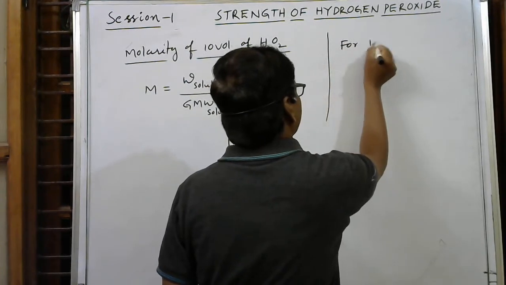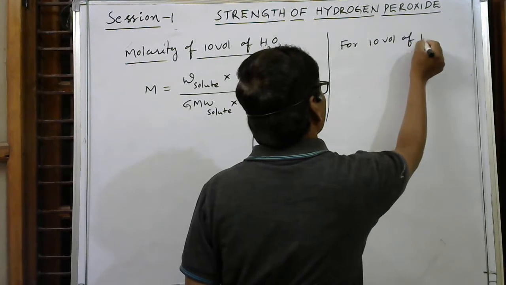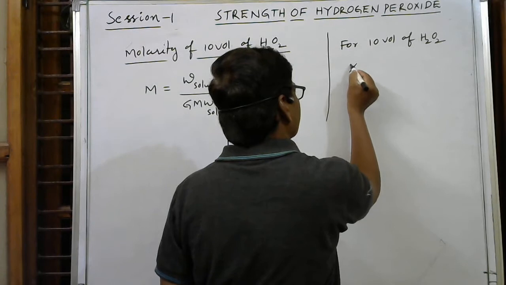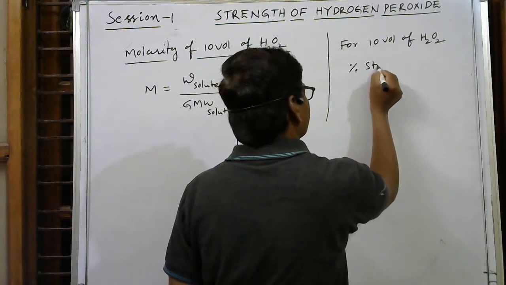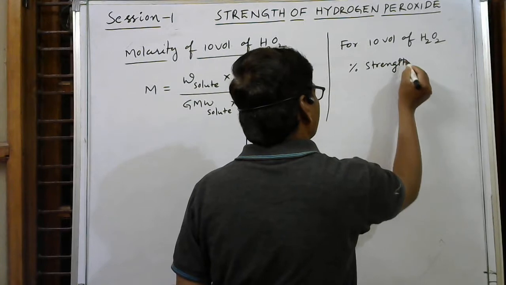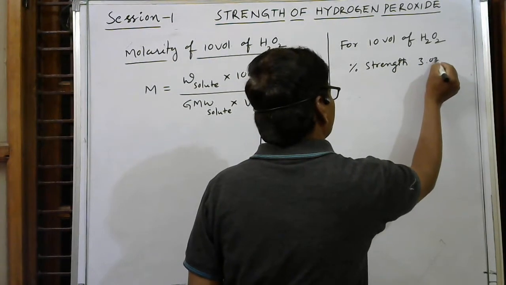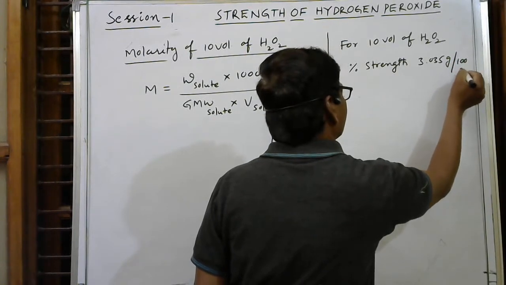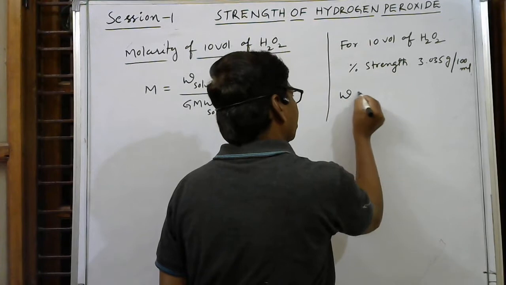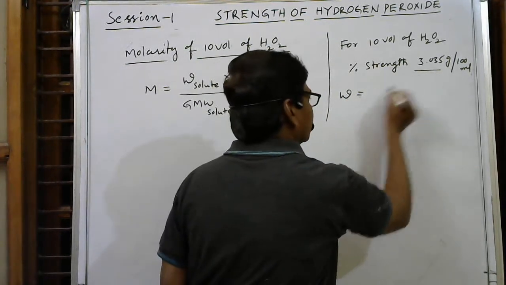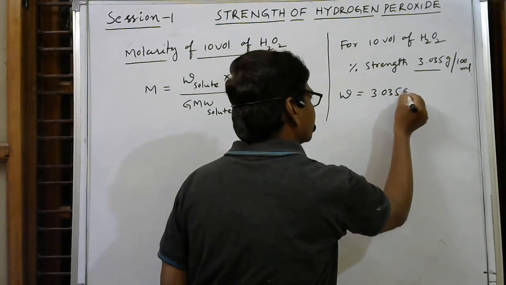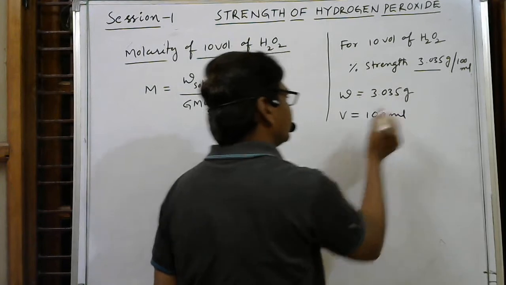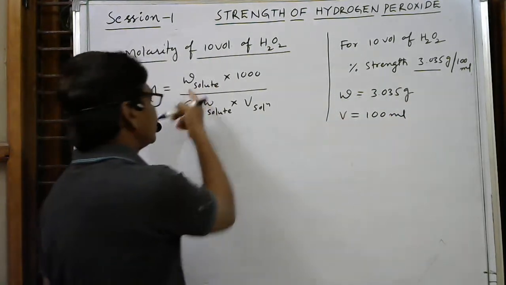For 10 volumes of H2O2, the percentage strength we have calculated just now is 3.035 gram per 100 ml. From this, we can find the weight of solute. Weight of solute is 3.035 grams. And the volume of solution is 100 ml. If you substitute these two data points here, you can get molarity.